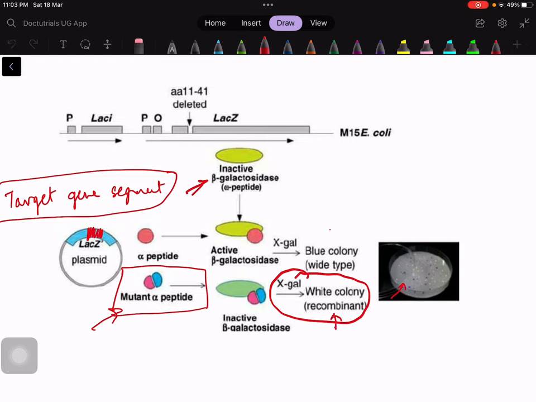Wherever blue colonies are formed, that means the alpha complementation is still taking place, but we are interested in the recombinant colonies. So when the white colonies are achieved, this is the stage of transformation. The Lac Z fragment in the plasmid has taken up the target gene that we have provided.